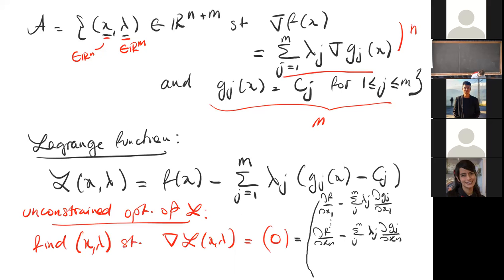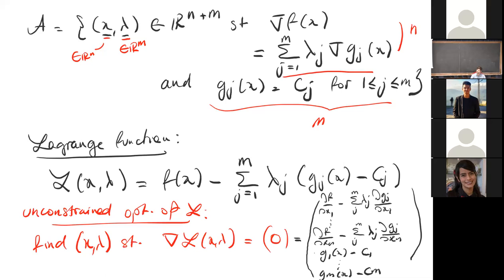And then you have the partial derivative with respect to lambda 1. This f does not depend on lambda 1, so you just have a linear dependency in lambda 1, and the derivative is trivial. You get g1 of x minus c1, down to gm of x minus cm. Okay, this is the gradient.